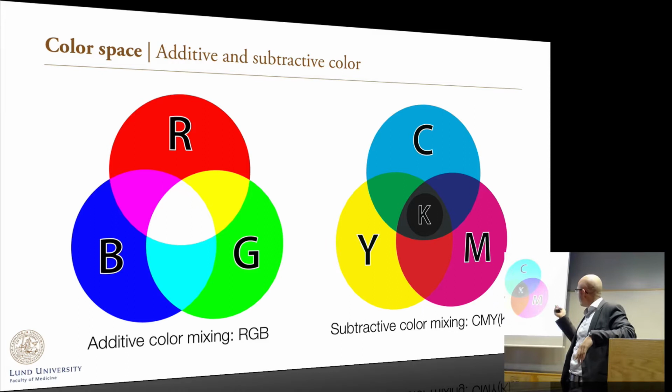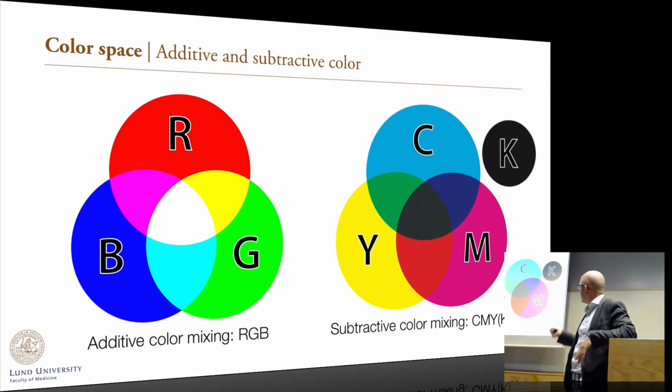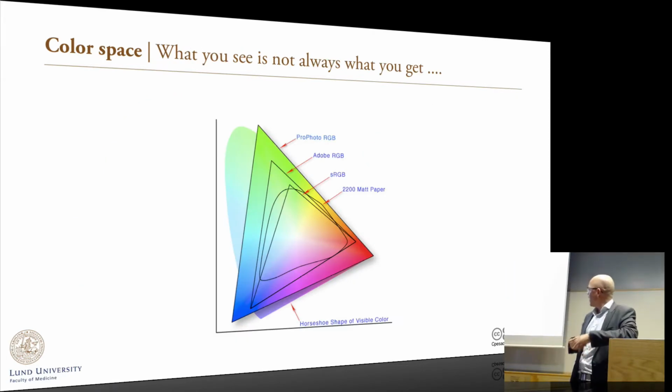So taking these 4 colors together, you can then start to generate something that is almost the same color space as the additive. And why do I call this color space? Well, it is because when you try to show all of them together, you bring them out into this 2-dimensional array. And the sort of horseshoe-shaped one behind here is trying to simulate what colors our eye can perceive.